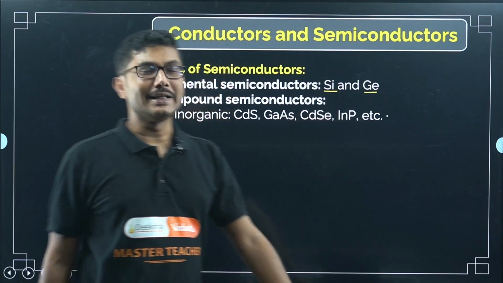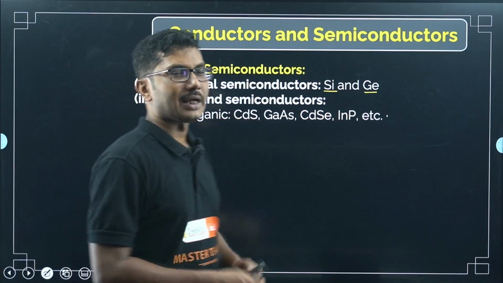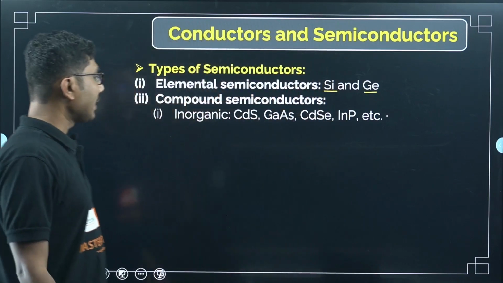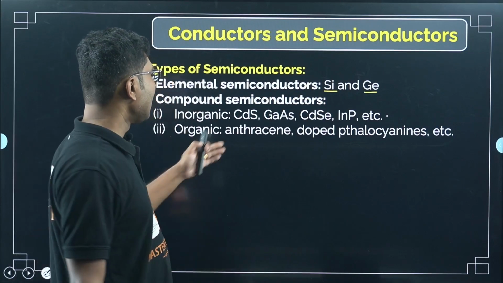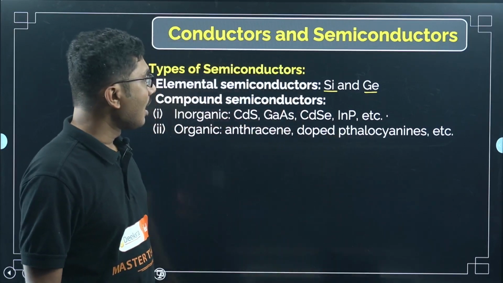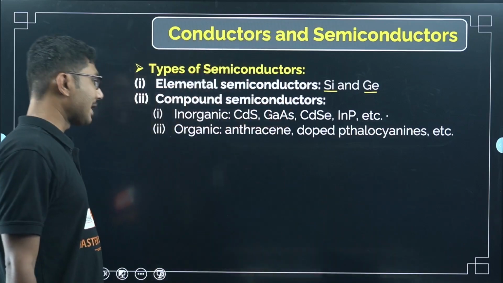They are examples of inorganic semiconductors, and they are also widely used in different applications. And organic semiconductors, for example, anthracene, doped phthalocyanines, are examples of organic semiconductors.